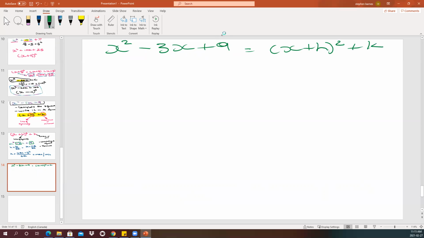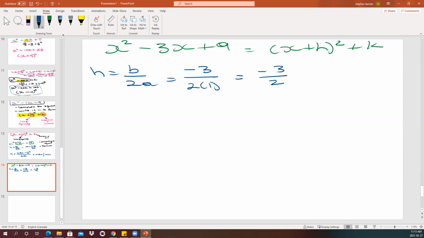So let's find h first. h equals b over 2a. b is negative 3, over 2 times a, which is positive 1. That equals negative 3 over 2, right?